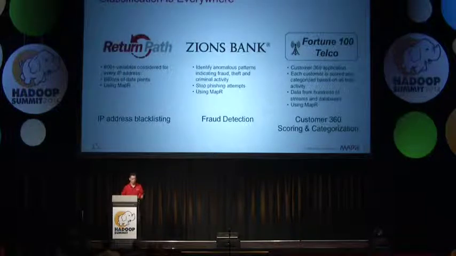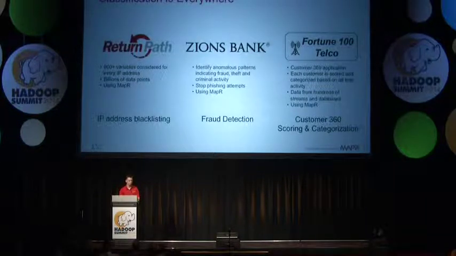But there are also other machine learning applications like classifications. And again, just some short examples from our customer base. Return path, essentially doing IP address blacklisting based on that. Science Bank using that in the fraud detection area, essentially identifying anomalous patterns in the transactions and to see what is fraudulent and what is not.